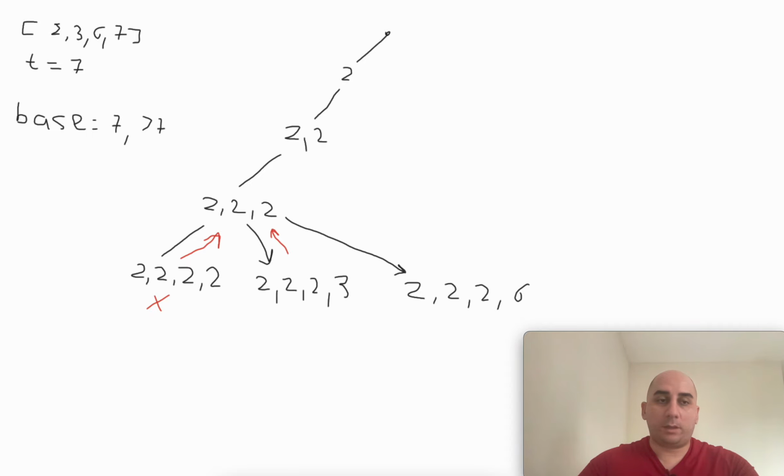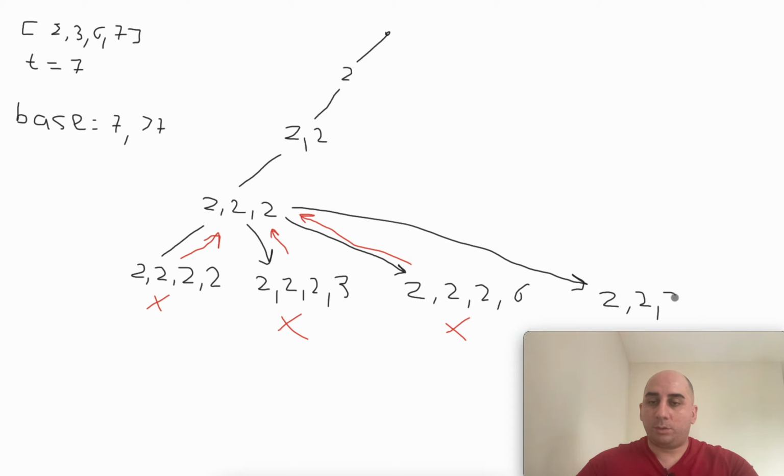Again we are backtracking from here, because it's more than our base case, more than 7. Okay, so the last one for 2, 2, 2 is 7. In this case it's also more than our base case, so we are backtracking here.